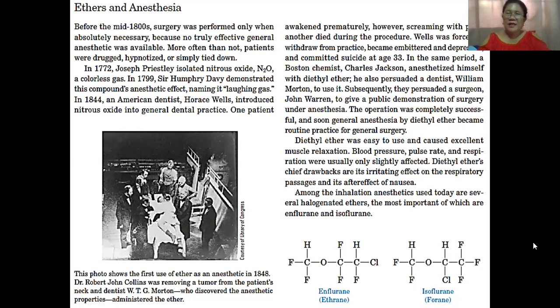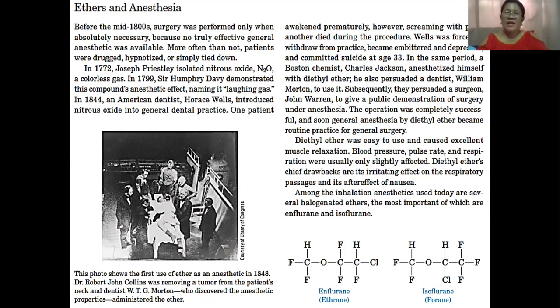The operation was completely successful and soon general anesthesia by diethyl ether became routine practice for general surgery. It is a pity Horace did not delve further into it. He was too early to give up; he should have gone on and searched more. He died.